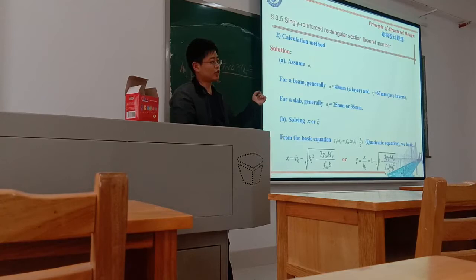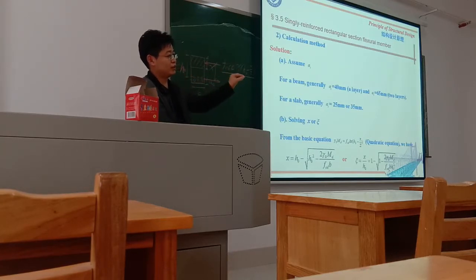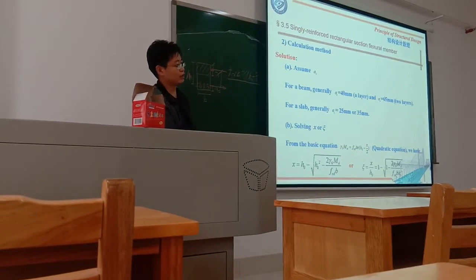Level 1 means this structure is very important, so gamma 0 equals 1.1. For structure level 2, gamma 0 equals 1.0. Level 3 equals 0.9, according to the result if the structure is destroyed.